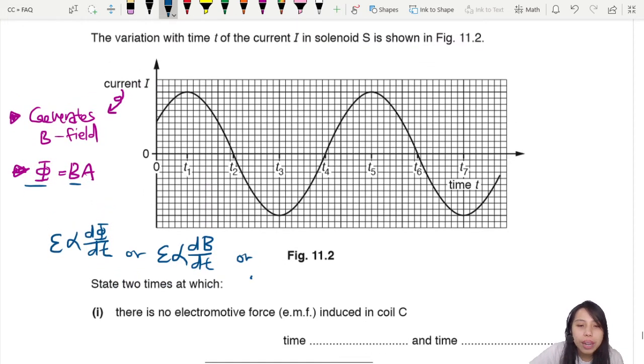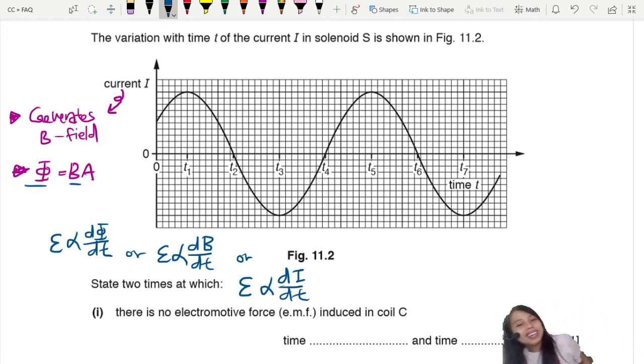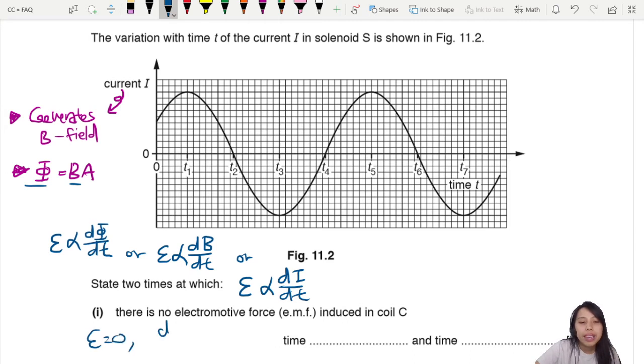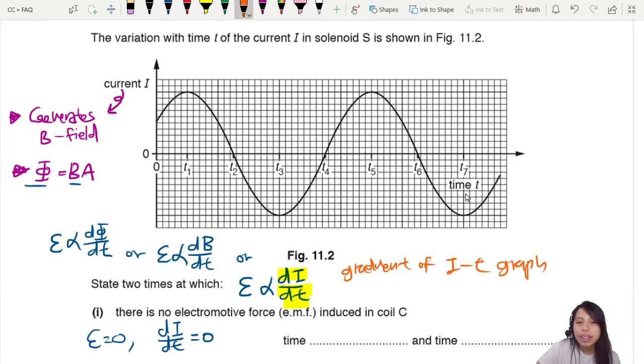Induced EMF is proportional to, we replace the B with I, so di dt of the solenoid. So where is EMF 0? When EMF is 0, that's when we say the rate of change of current is 0. This is also known, by the way, if you see di dt, this is referring to the gradient of your IT graph. So you have an IT graph here, right? This whole thing is referring to the gradient of it.